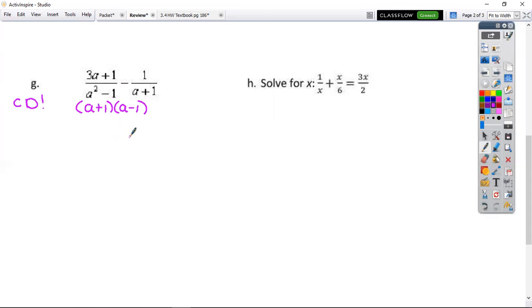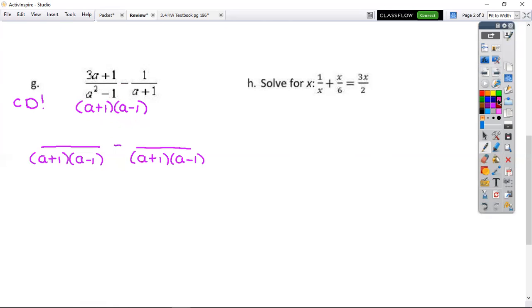So I need the a plus 1 and the a minus 1. You just combine them together. So my denominator is a plus 1 and a minus 1. And then minus a plus 1, a minus 1. Multiply by what you're missing if anything.